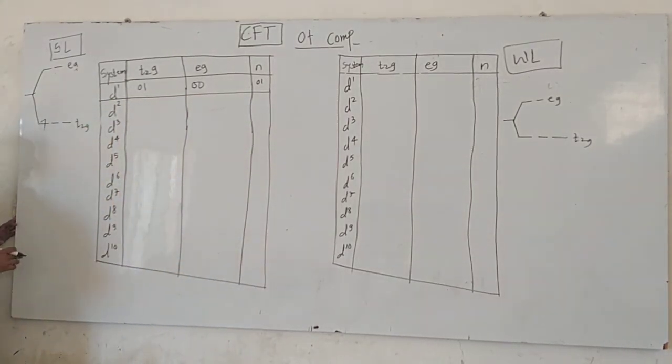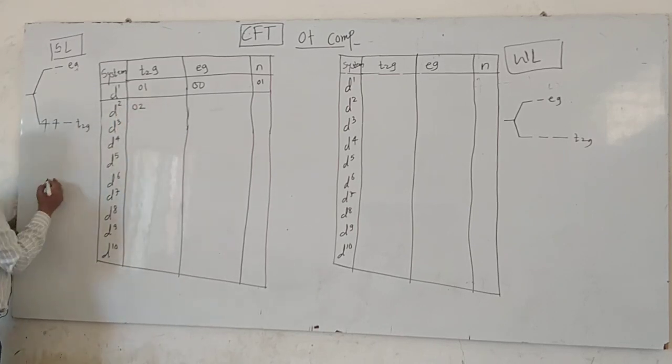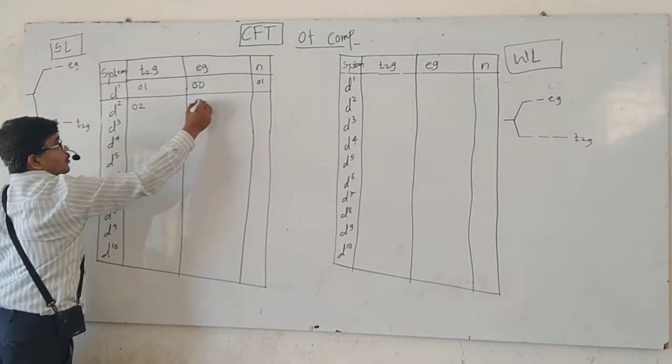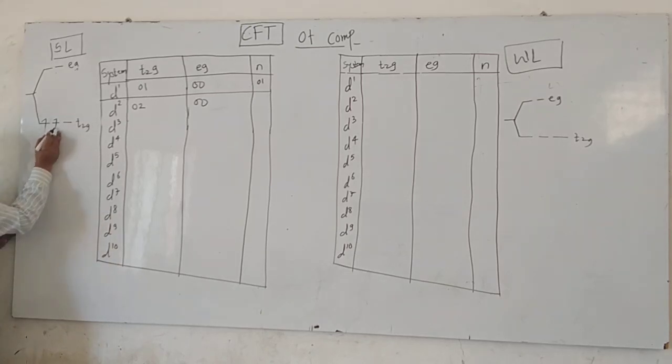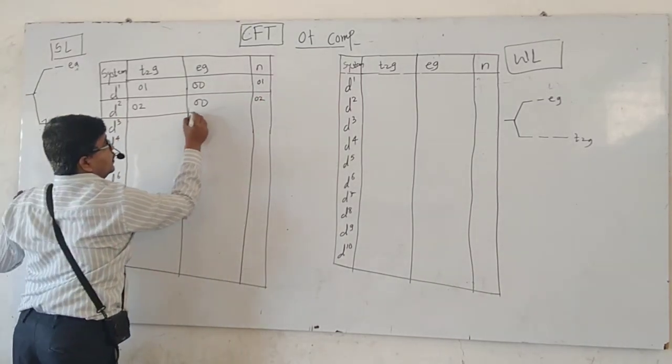Now, in case of D2, D2 means in the d orbital 2 electrons are there. So this is first electron, this will be second electron. Electronic configuration in the T2G 2 electrons, in the EG 0 electrons. Number of unpaired electrons 2. Okay.